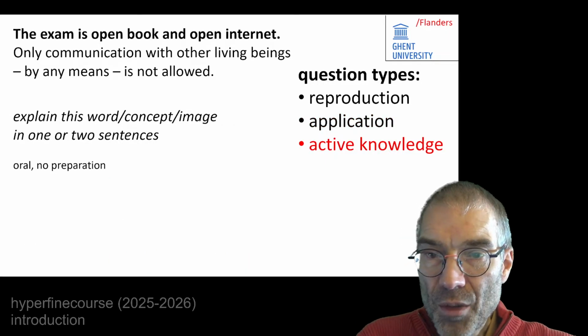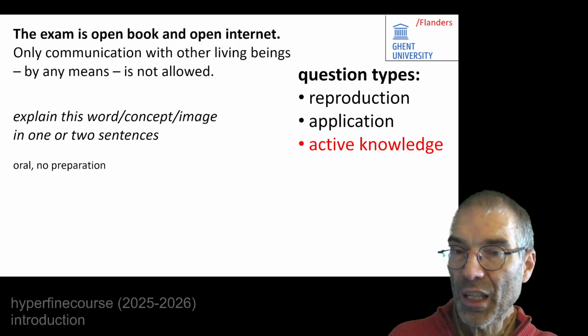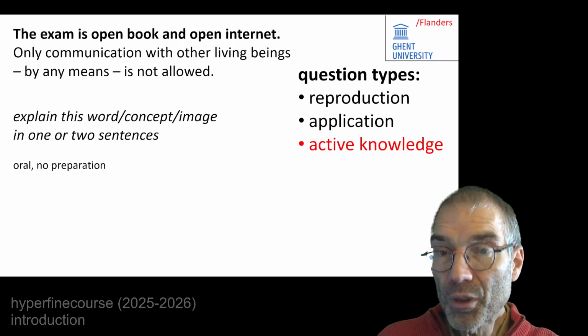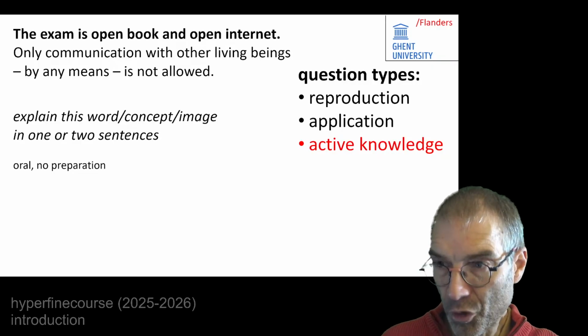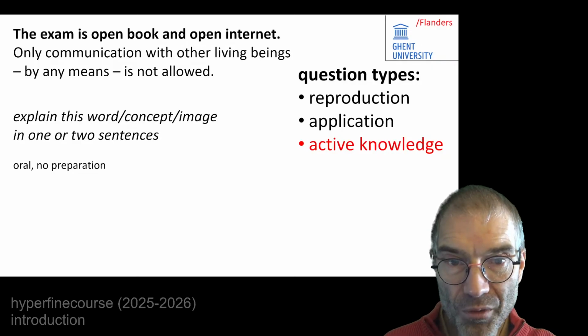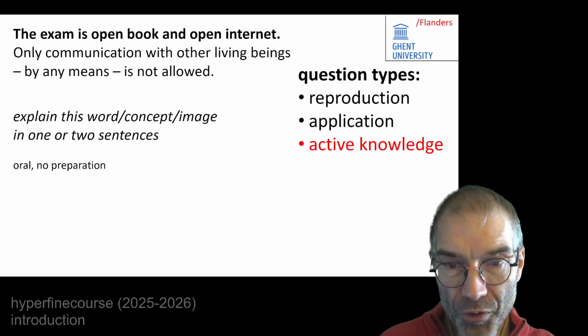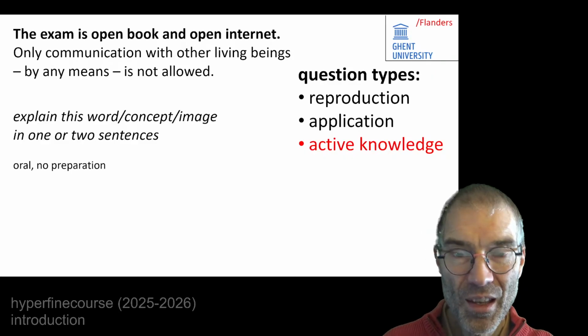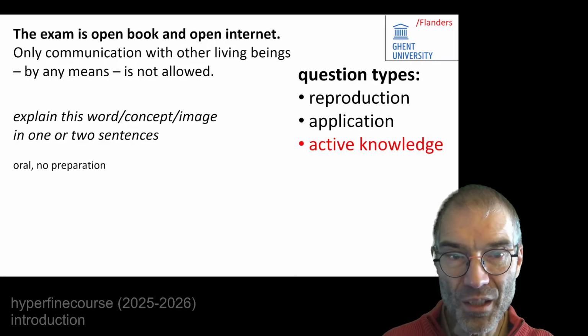And then there is a part on active knowledge. That is a series of very simple questions where I would say, if you have studied this course for 3 months, then you should immediately know what this word means. And so that will be the question: explain this word, explain this concept.